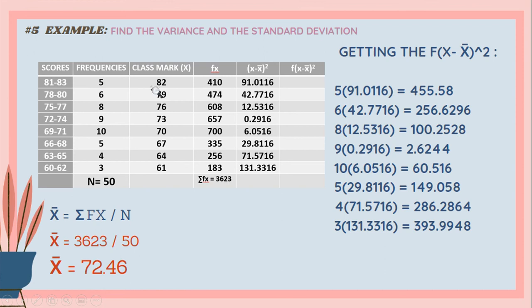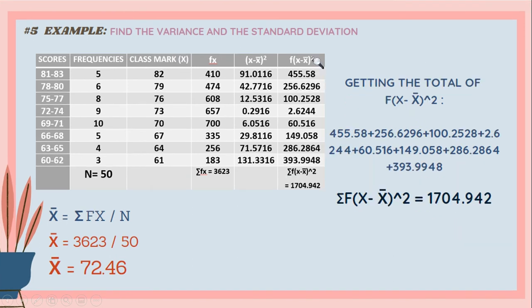So, 5 times 91.116 is equal to 455.58. 6 times 42.7716 is equal to 256.6296. 8 times 12.5316 is equal to 100.2528, and so on. So, we already got all the answers for f times x minus mean squared.